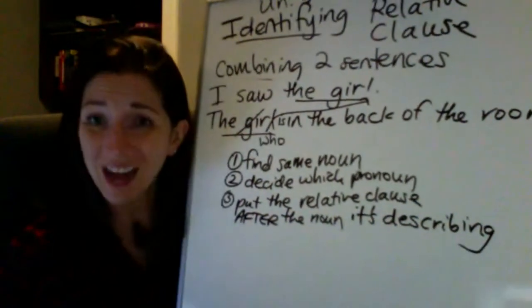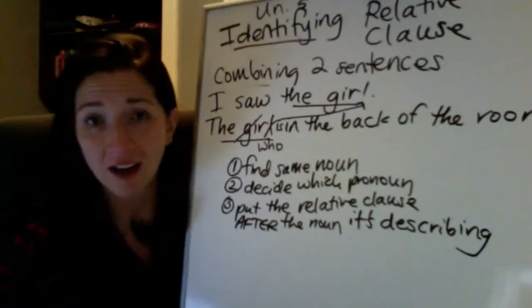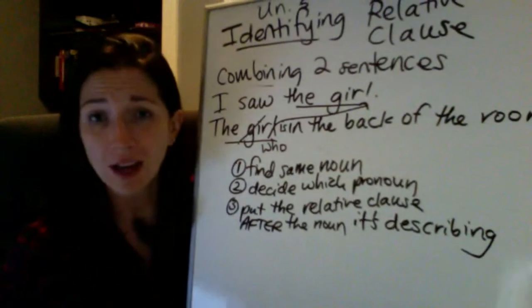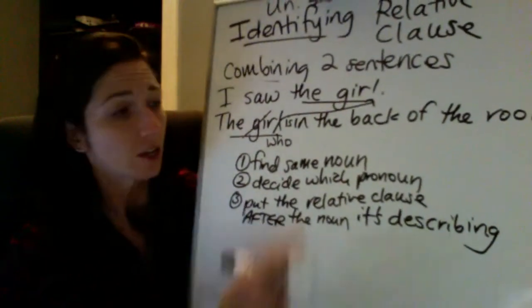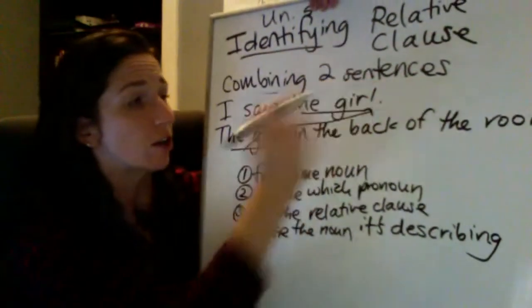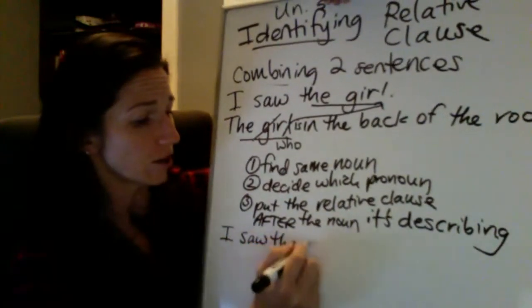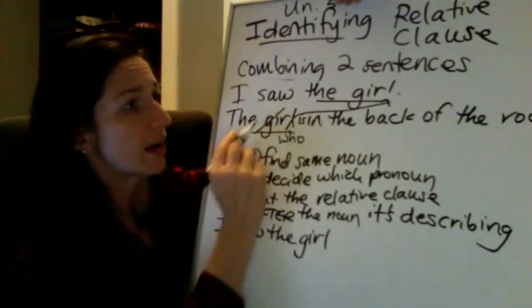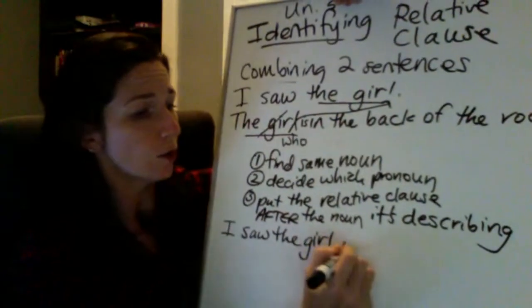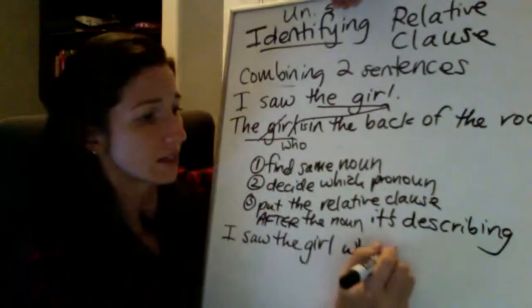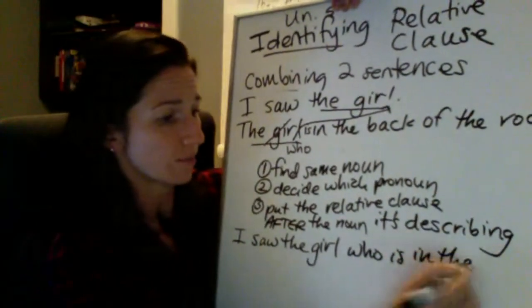This is the most important step. Well, every step is important. It comes after the noun that it is describing. So we're going to describe this noun, the girl. I saw the girl, who is in the back of the room.